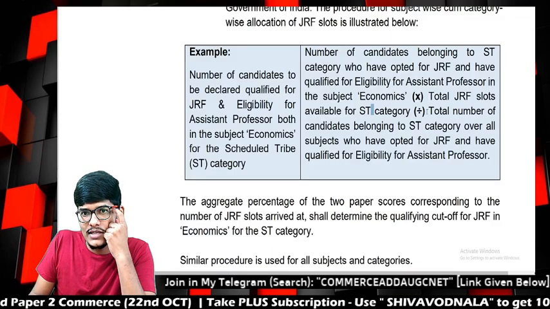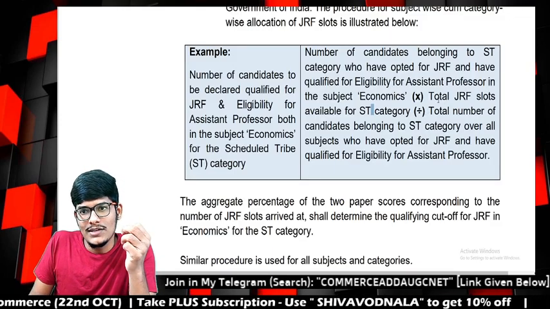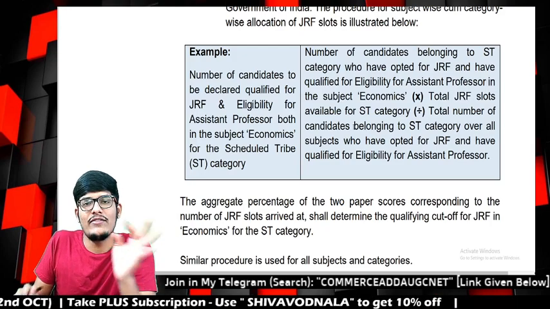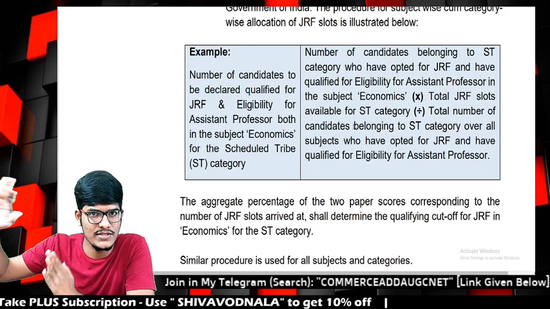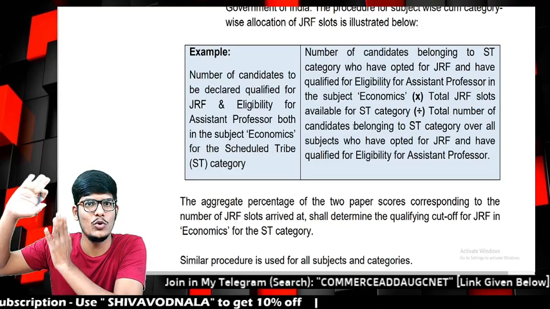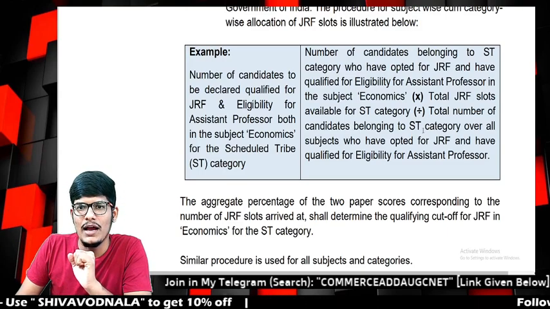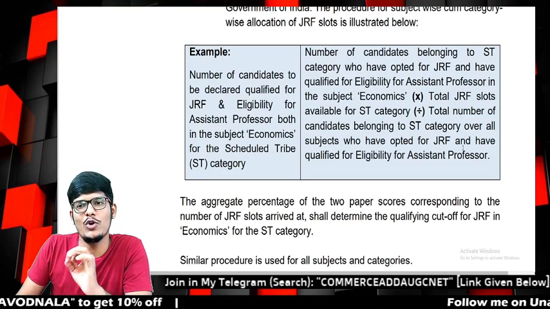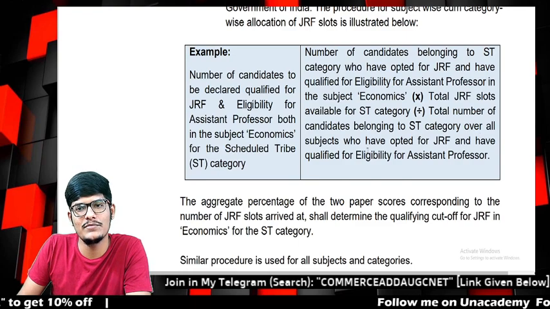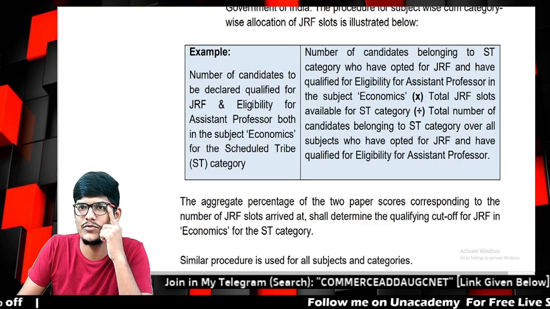Now that number, into total JRF slots available under the ST category as per the reservation rules, that number is available only with the NTA, divided by the total number of candidates belonging to the ST category, overall subjects, who opted for the JRF and assistant professor.